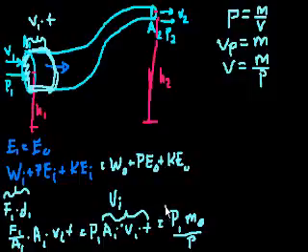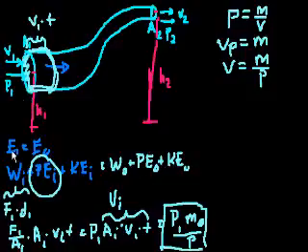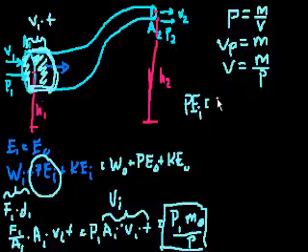So there we go. We have an expression, an interesting expression, for the work being put into the system. What is the potential energy of the system on the left-hand side? Well, the potential energy input is going to be equal to that same mass of fluid, right, that I talked about, times gravity, times this input height, the initial height, h1.